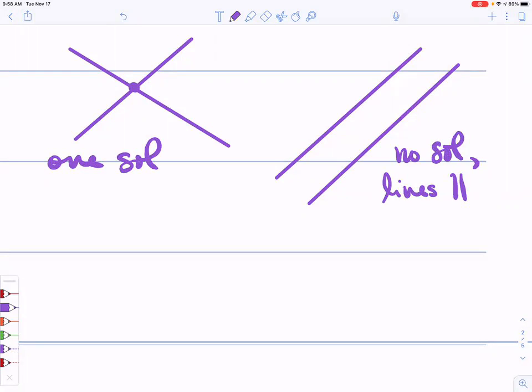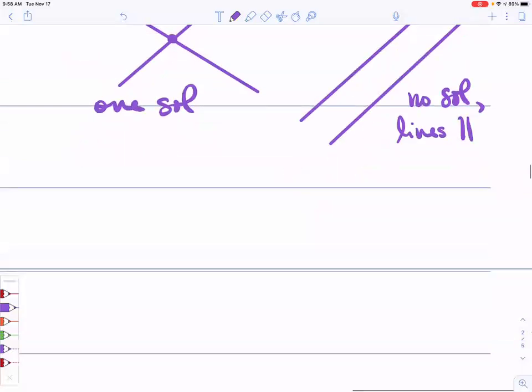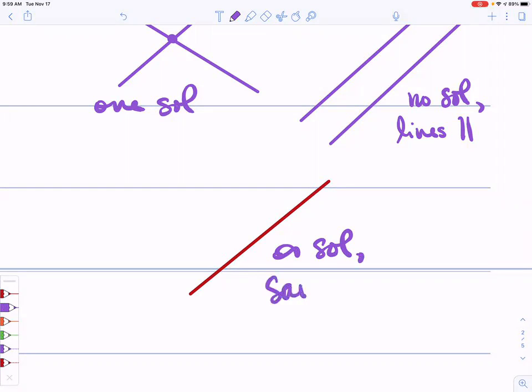But then there's a third option, okay? What if I have a line, and then when I go graph the other line, it's right there. It's the same line. How many solutions are there now? There's an infinite number of solutions. And the reason there's an infinite number of solutions is because they're the same line.